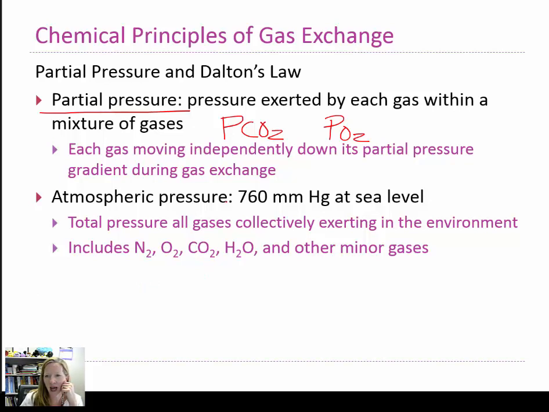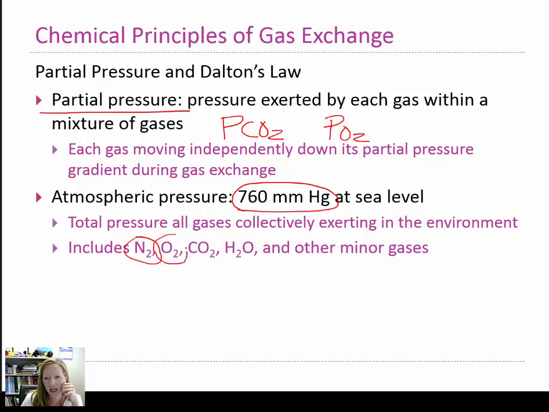Atmospheric pressure is 760 millimeters of mercury at sea level. So if we add up all of the major gases in the environment, it should equal 760. We add up the nitrogen, because there's a certain percentage of nitrogen in the air, and with all of these together, it's going to equal 760.